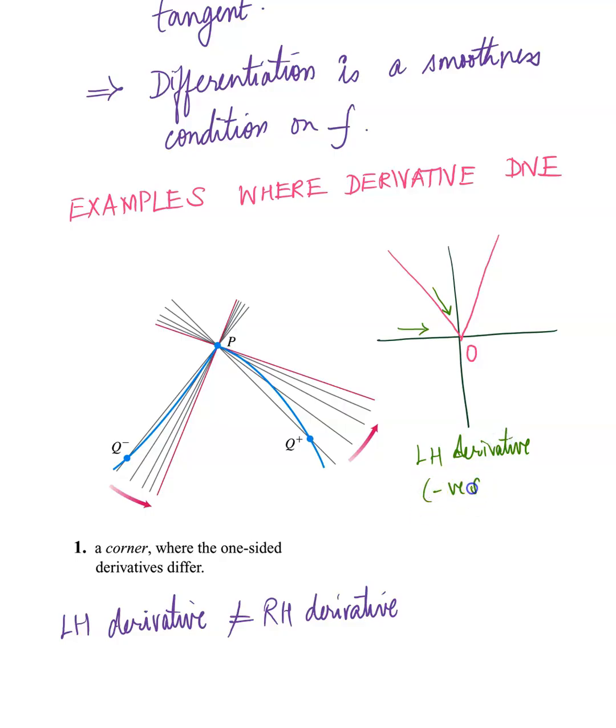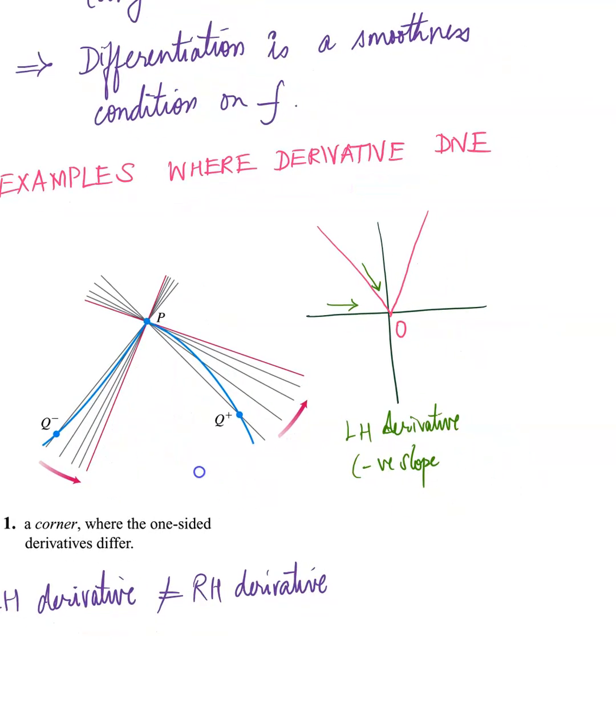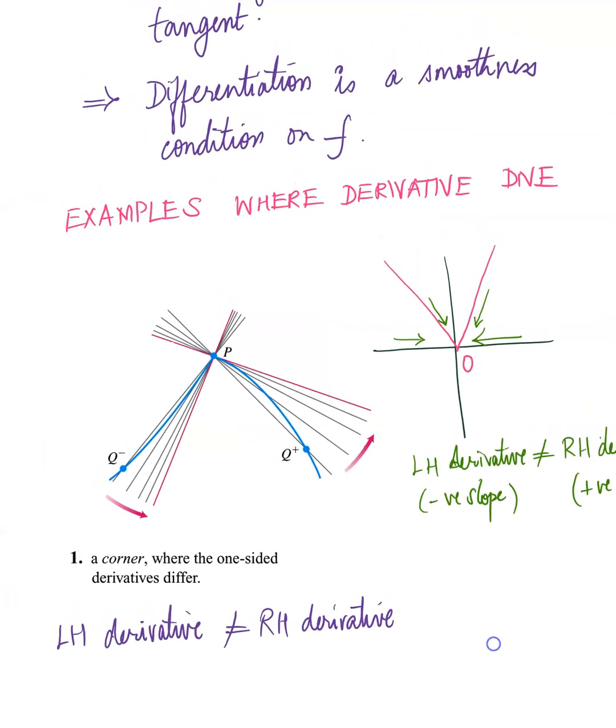Whereas if you approach 0 from the right, the right piece of the absolute value function gives us a positive slope. So a negative slope and a positive slope from both directions. That's the reason why at a corner, the derivative does not exist. This is a very nice example for understanding that discrepancy.